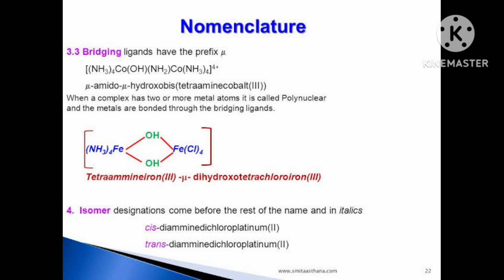If you want to know the oxidation state of the central metal ion and you do not know it, then you consider it as X. And after that, how many ligands are there? Total charge on the ligands.